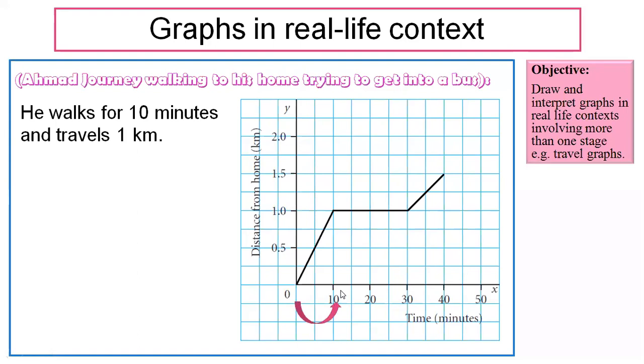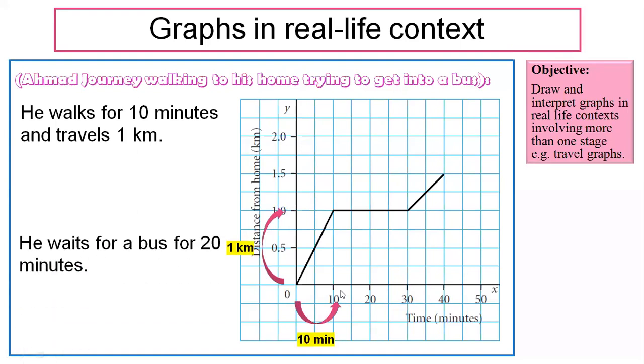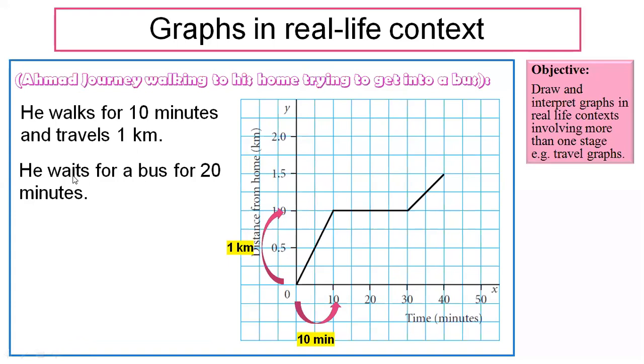So this is the second interval. He waits for a bus for 20 minutes. This is the waiting time. Look, this is how we count the minutes: starting here, stopping here, and finished waiting until the bus comes here. So 20 minutes. Then, who can tell me what the last interval, this line, represents?